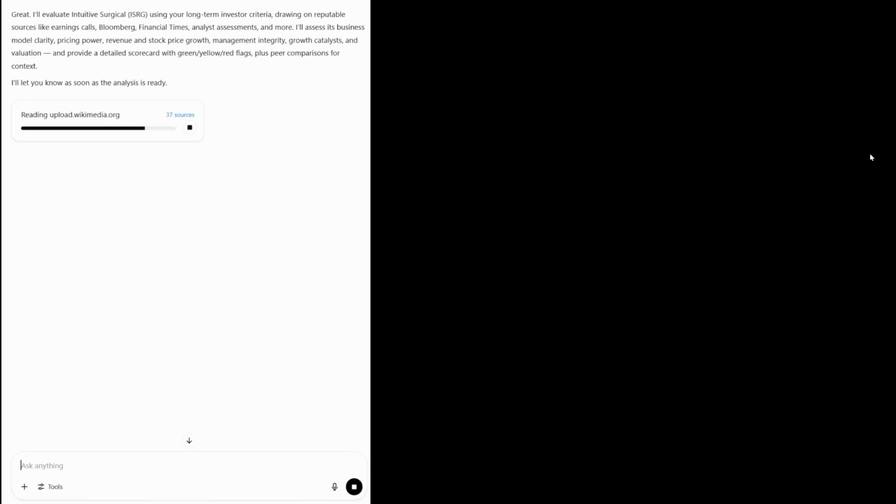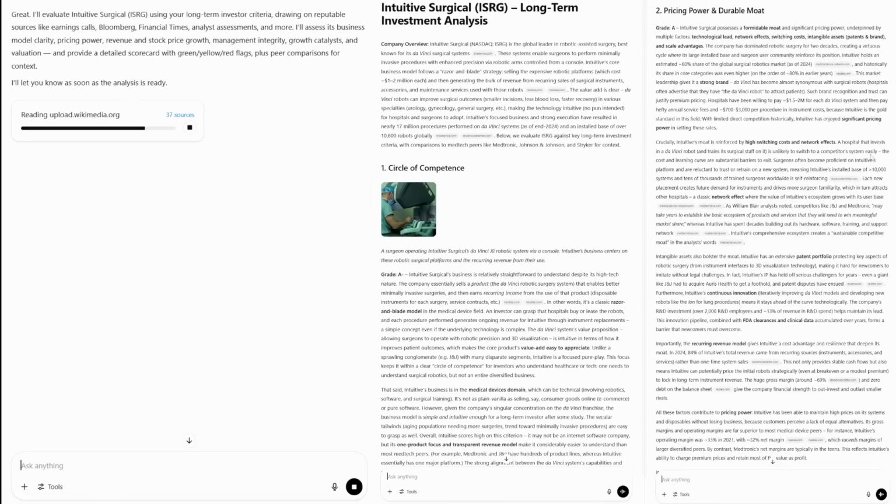Now this usually takes somewhere around 5 to 15 minutes, and it really digs through the web very thoroughly. When it's done, it will produce a comprehensive report with citations like those I've highlighted, which means you can actually click into the source websites where GPT derived its answers from.